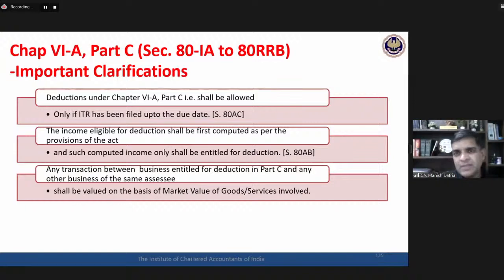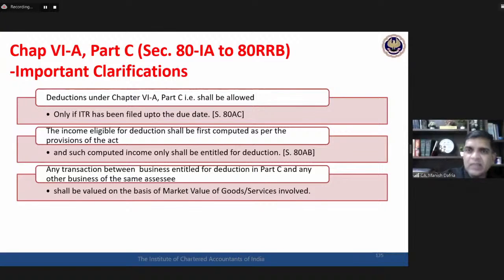What happens? Eligible business profit goes up, normal business profit goes down. I'm selling at a lesser price, so I'm booking lesser profit in the normal business. In the eligible business, I'm booking higher profit, but it's okay with me. Even if in the eligible business I am booking higher profit, 100% income is exempt.